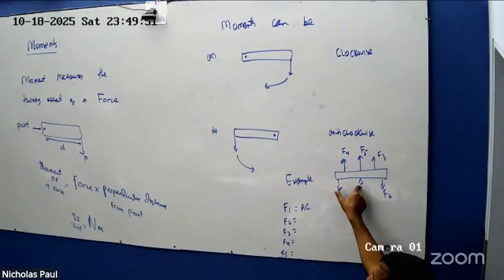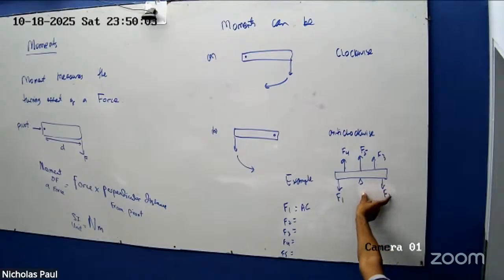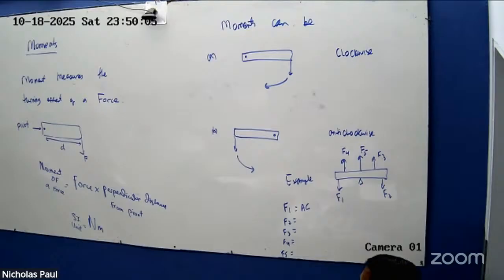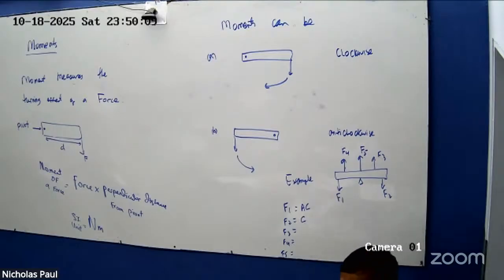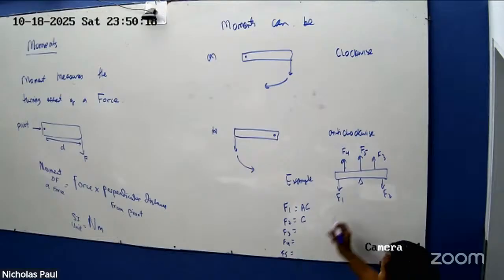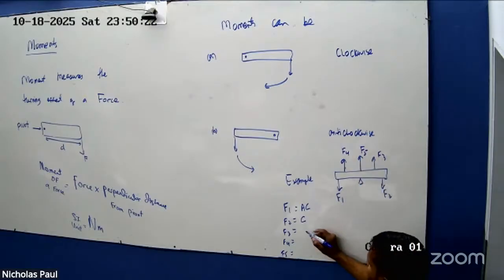So F1 is anti-clockwise. F2, one on the pivot, one on the force, it will turn clockwise. Everybody clear with that? What about F3? F3 pivot turning anti-clockwise.